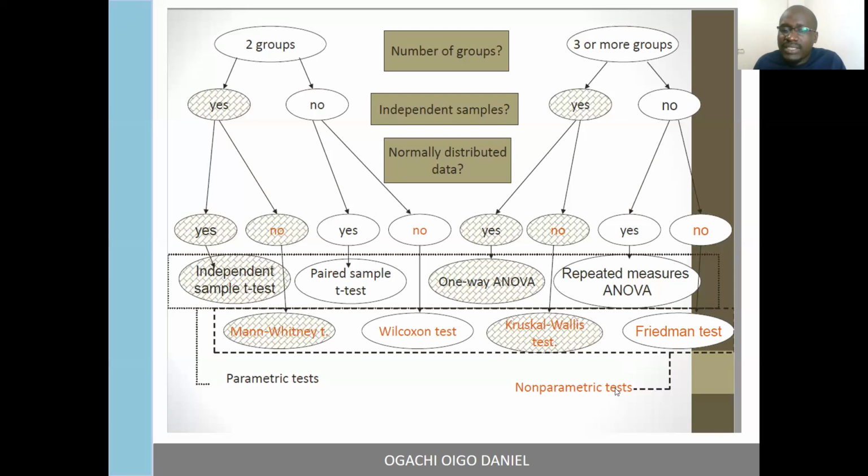They are non-parametric tests simply because the data is not normally distributed. When we have normally distributed data, we conduct parametric tests, which are the independent sample t-test, paired sample t-test, one-way ANOVA, and repeated measure ANOVA.